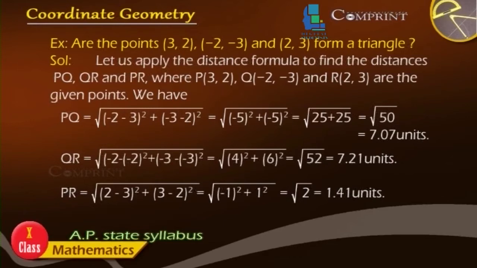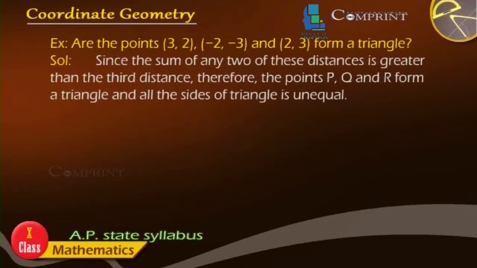PR is equal to the square root of (2 minus 3) whole square plus (3 minus 2) whole square, which is equal to the square root of minus 1 whole square plus 1 square, which is equal to root 2, which is equal to 1.41 units. Since the sum of any two of these distances is greater than the third distance, therefore the points P, Q and R form a triangle, and all the sides of the triangle are unequal.